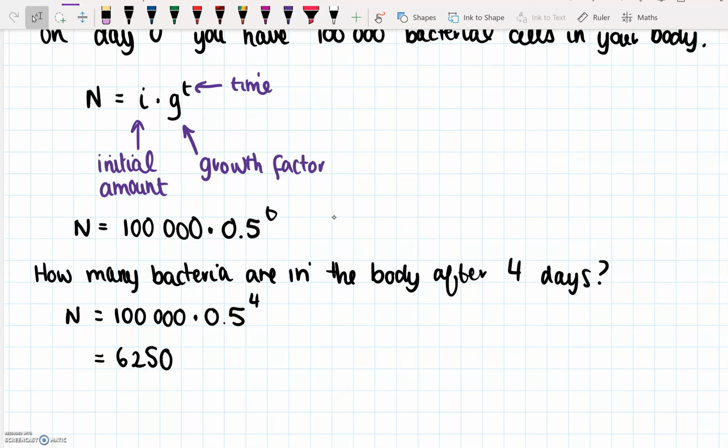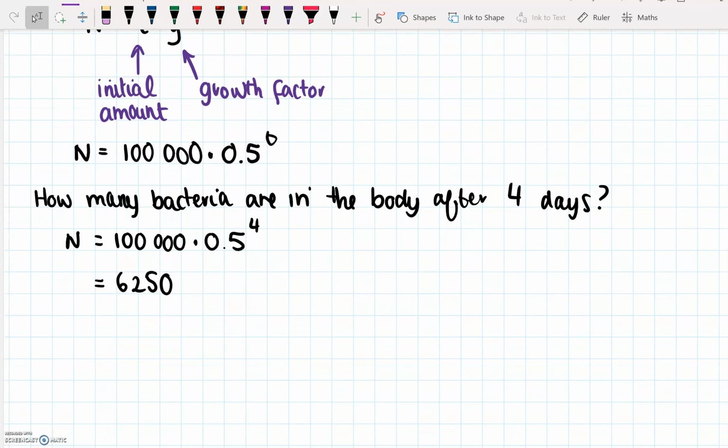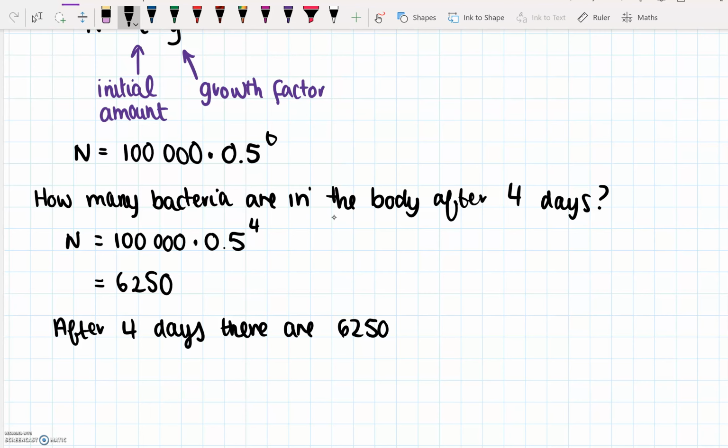So after 4 days, there are 6,250 bacterial cells left. So this is an example of what you can do with this.